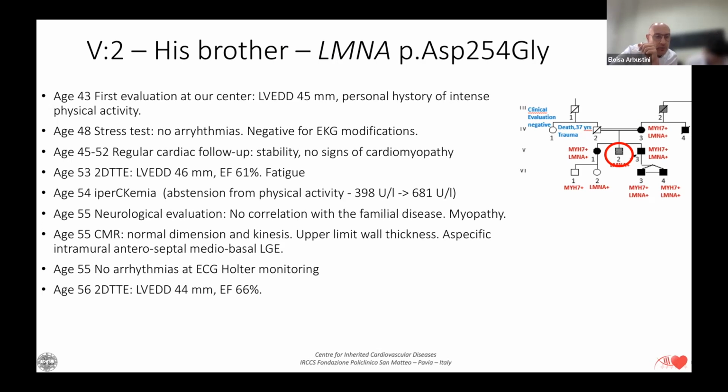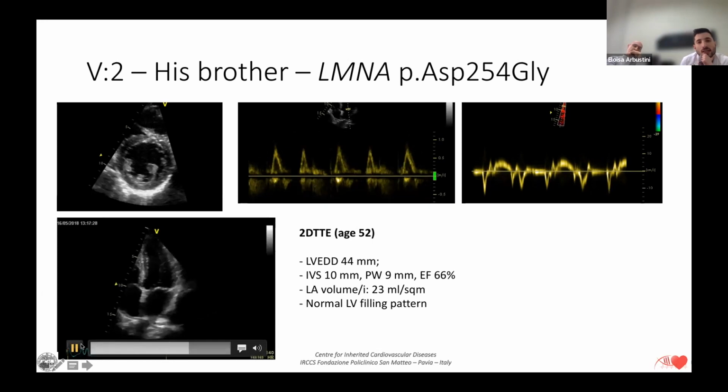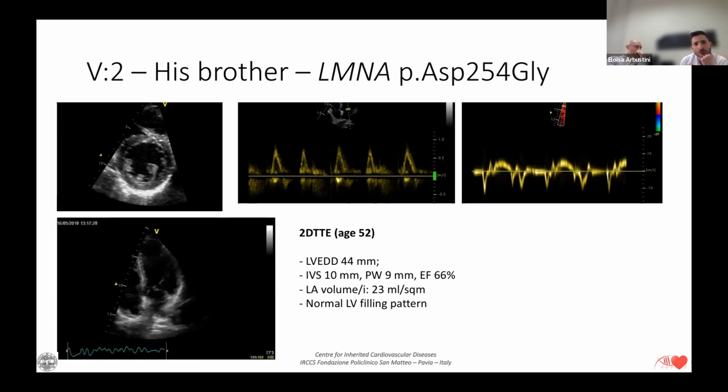The CMR that was performed at the age of 55 showed normal cardiac characteristics, and there were no arrhythmias at monitoring. From the echocardiographic point of view, we can observe normal left ventricular dimension, function and wall thickness, normal left atrial dimension, and normal left ventricular filling pattern.